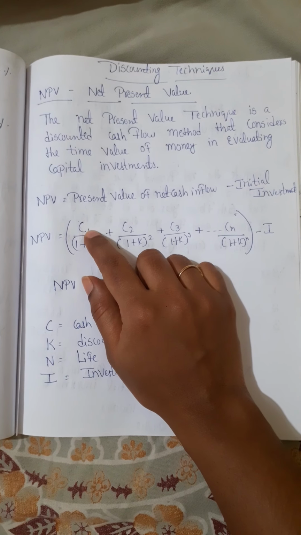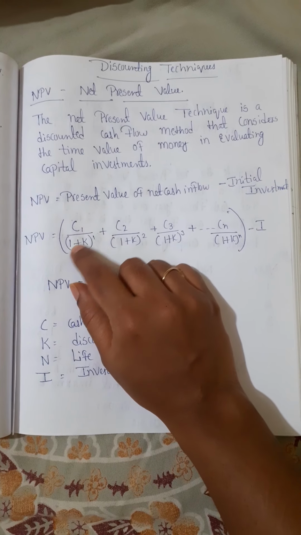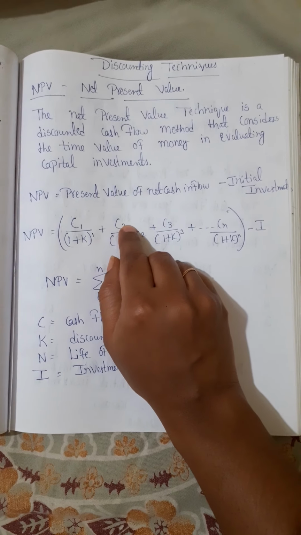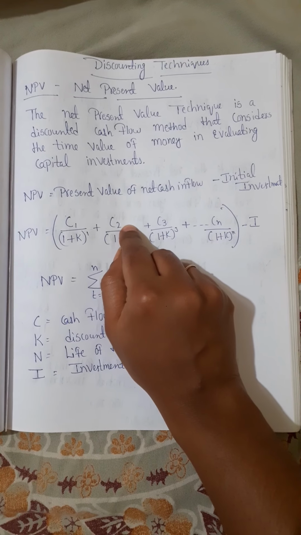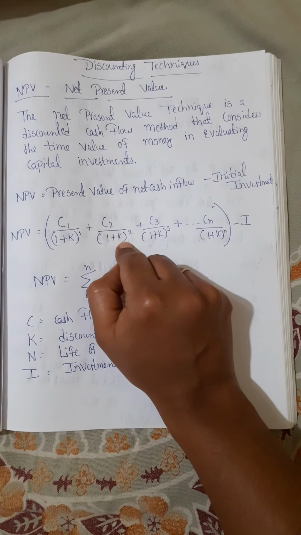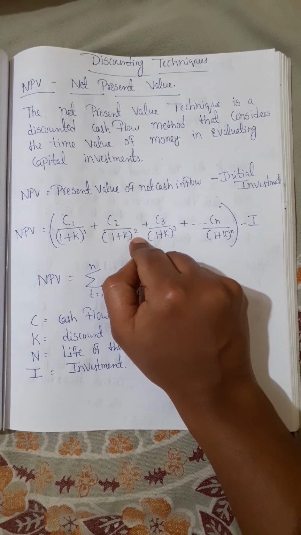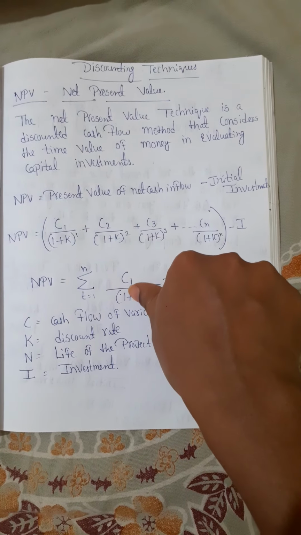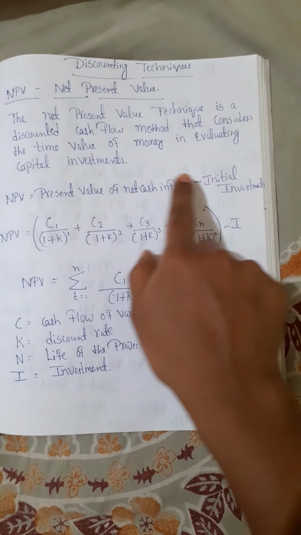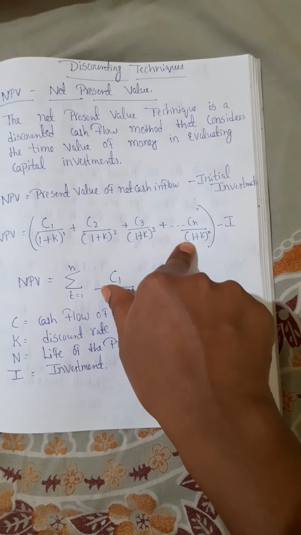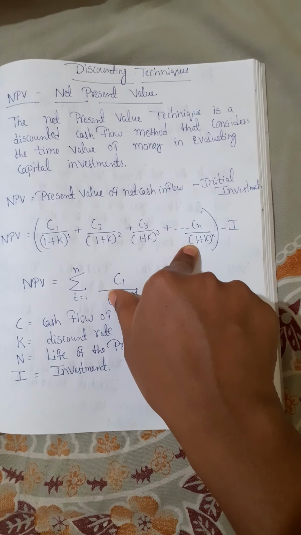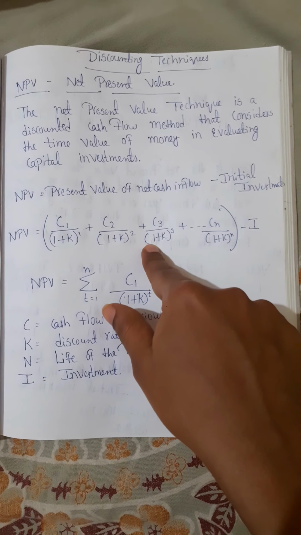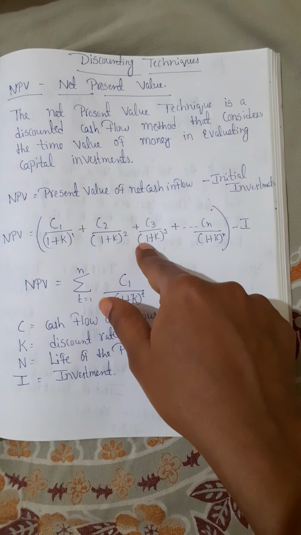We know how to discount it: cash flow of the first year divided by 1 plus r, whatever the rate of interest, to the power of 1, plus cash flow of the second year divided by 1 plus K, or r, anything you can use, to the power of 2. The same way we continue. This, in the brace, we call the present value of net cash inflows. Why do we do this? Because these cash flows are in the future.